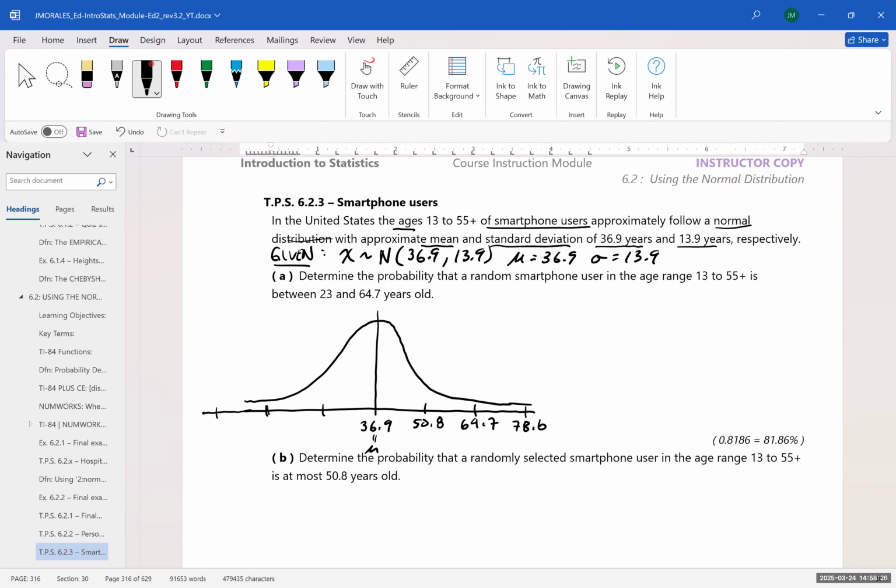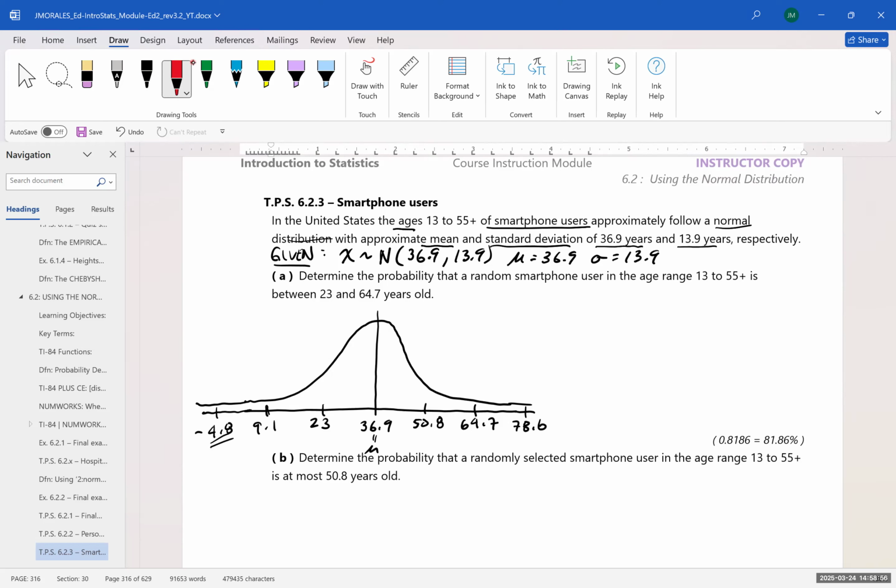All right. Now let's take 36.9 and subtract standard deviations from it. This is going to get us below 0, but I'm just going to put it in there anyway, because you can't have a negative age, right?